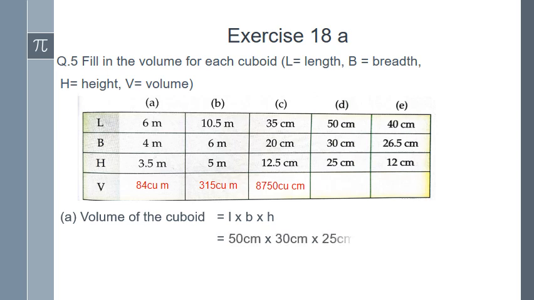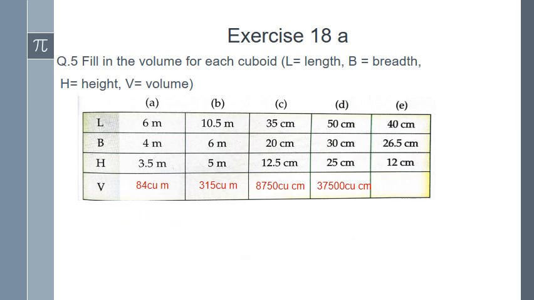So 50 centimeter multiplied by 30 centimeter multiplied by 25 centimeter is equal to 37,500 cubic centimeter. So our volume of the cuboid is equal to 37,500 cubic centimeter.